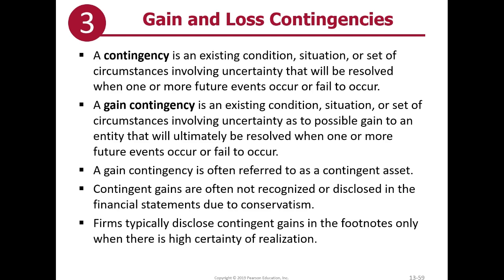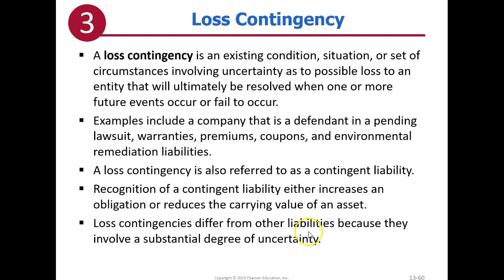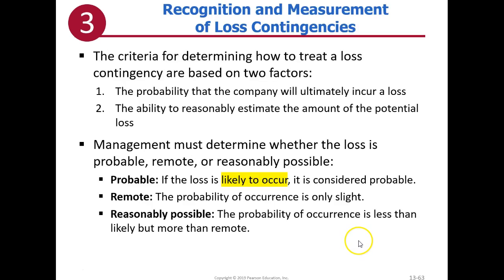That's very different from a loss contingency. So let's take a look at those now. In this case, you have the existing condition, lots of uncertainty, but it's a future possible loss to the entity. So we have many different examples of these, including lawsuits, warranties, premiums, coupons, and potentially some environmental remediation liabilities.